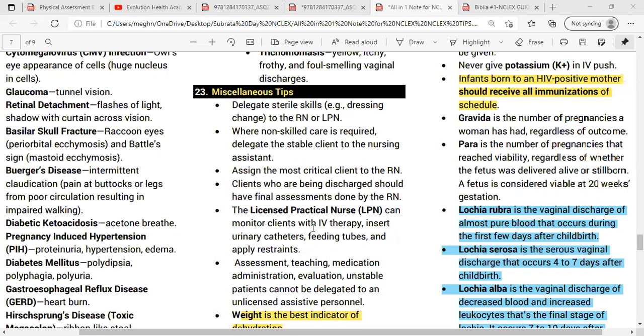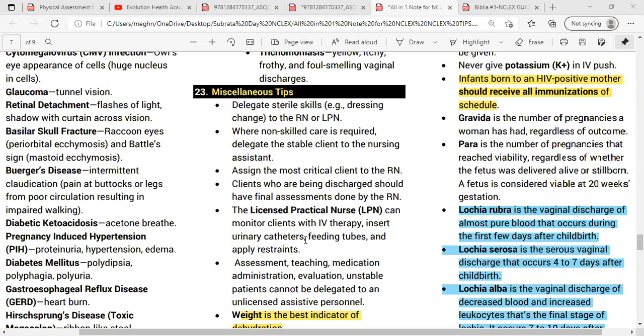LPN can monitor the client with IV therapy, right? But administering IV therapy or IV chemotherapy, they are not supposed to do, but an LPN can monitor it.